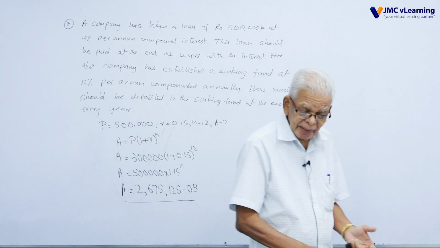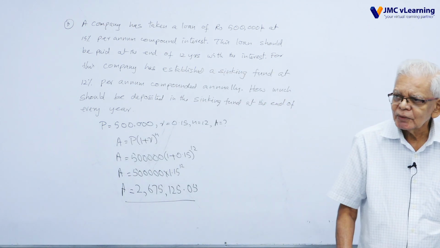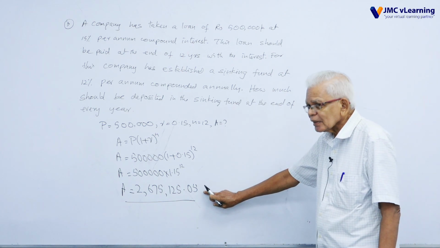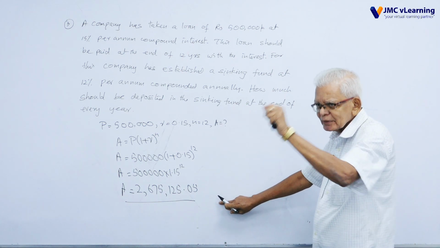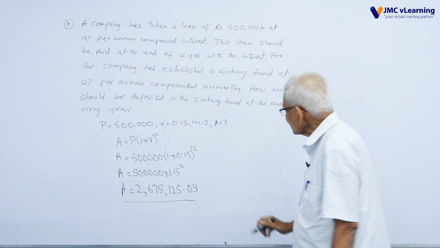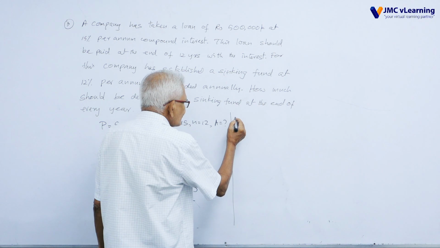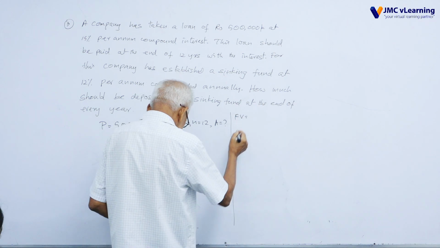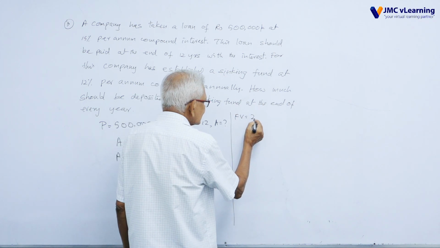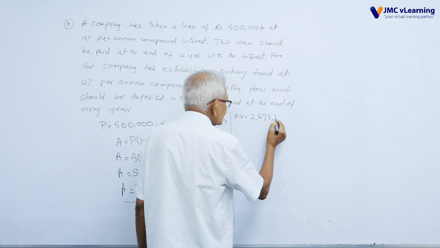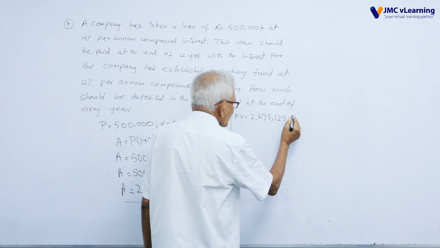We need that money in 12 years to settle this loan, right? To meet that future commitment, now they establish a sinking fund. Now write down here, future value is this, 2,675,125.03.